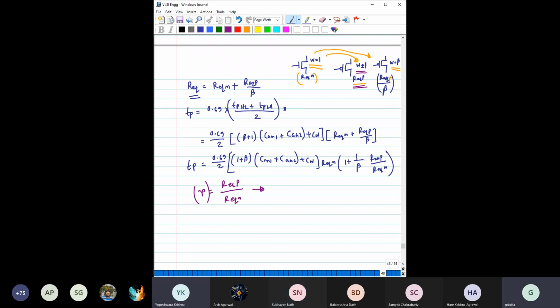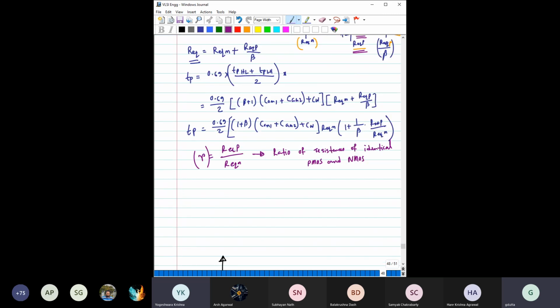So this is the ratio of resistances of identical PMOS and NMOS. It is not the ratio of actual PMOS and NMOS.